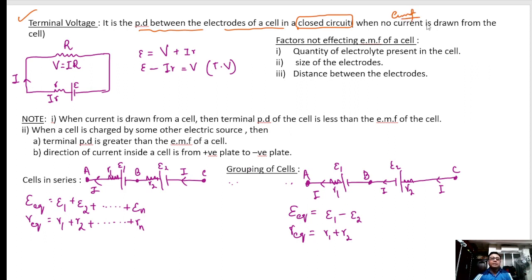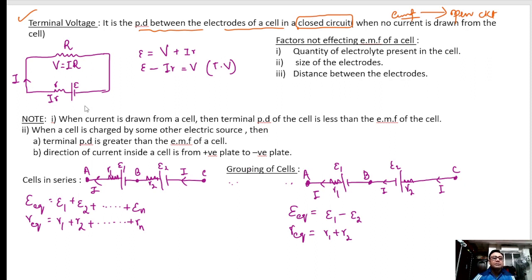Mind it, EMF is in the open circuit when you don't draw any current, and terminal voltage is in a closed circuit when there is a current.